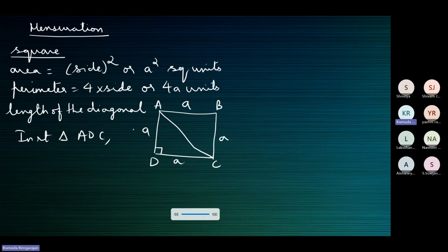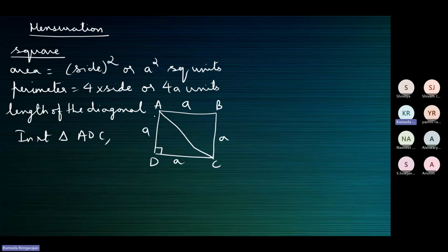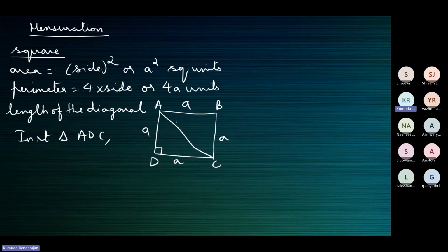Here we take up this right triangle ADC, where angle D is equal to 90 degrees. So AC is the hypotenuse because it's the side opposite to the right angle. So the diagonal AC of the square is the hypotenuse of the right triangle ADC.